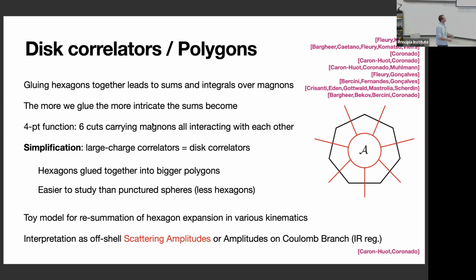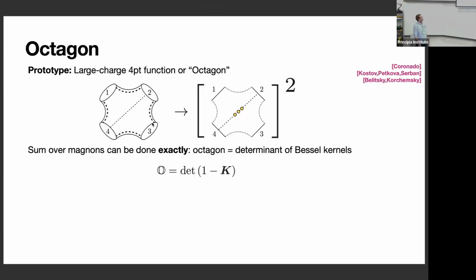It is some sort of massive version of it, which is conjectured to be equivalent to this polygon. So there is a sort of duality, similar to, if you are familiar with it, the null polygonal Wilson loop duality, a similar duality that is expected between these polygons and some sort of scattering amplitudes, which makes them also interesting from this perspective. So the simplest case is the octagon.